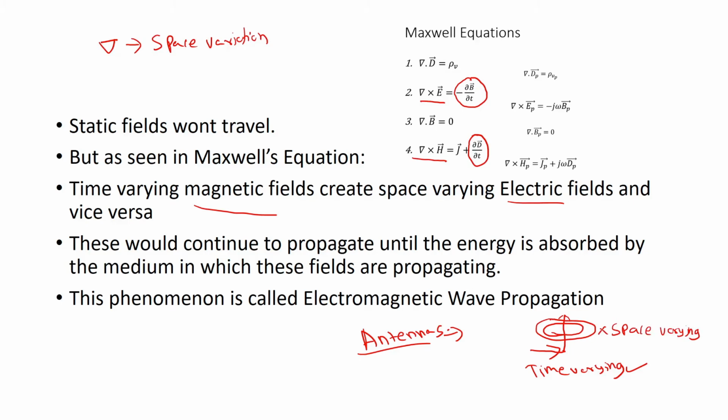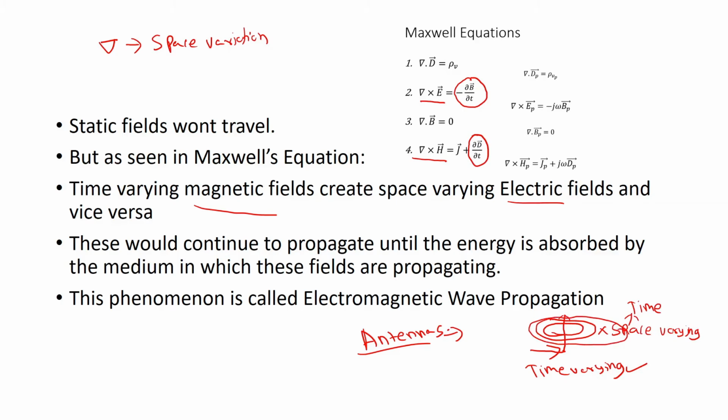Now, because of this space varying electric field, whose intensity is not going to be constant with respect to time, this would be time varying also. Because this is time varying, this time varying electric field produces a space varying magnetic field.